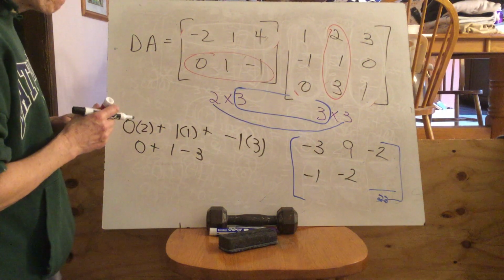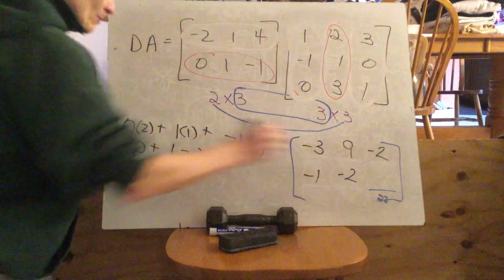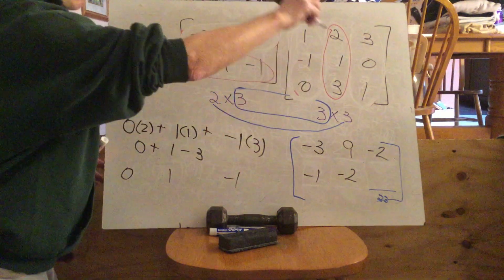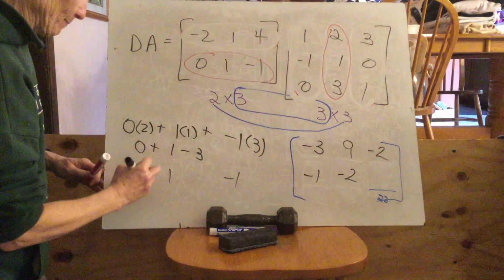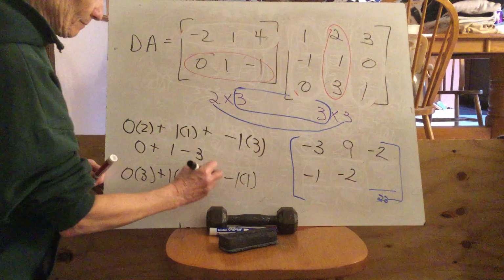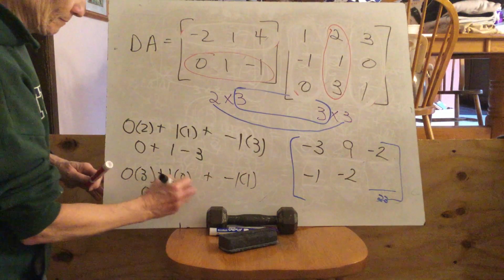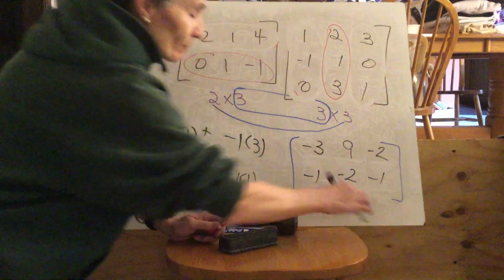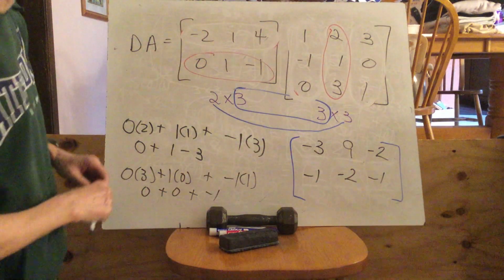And finally, I need the second row, 0, 1, negative 1, times the third column. And that works out to be negative 1. So there is your answer.